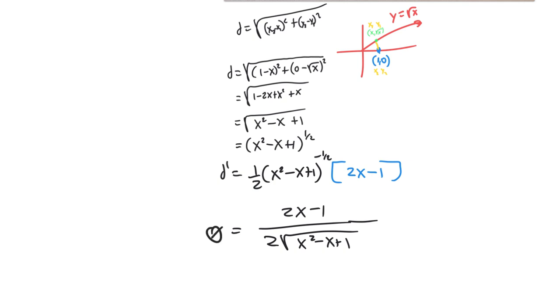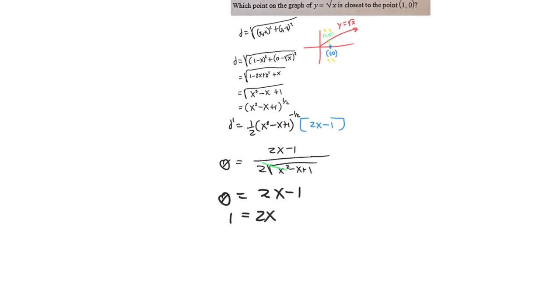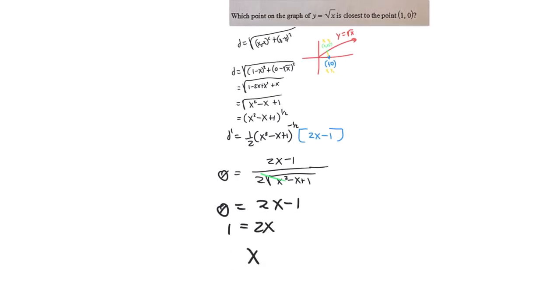Setting this equal to 0 means we could kind of ignore that now, because if you multiply both sides by it, then it would go away. So you'd have 0 equals 2x minus 1, adding 1 to both sides, and then divided by 2. So x would be 1/2.